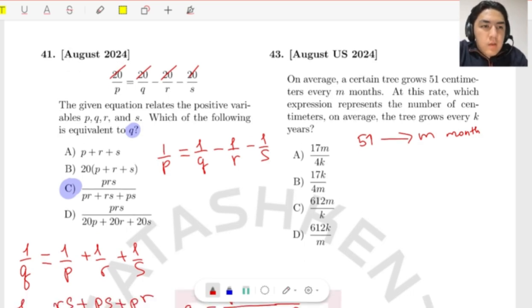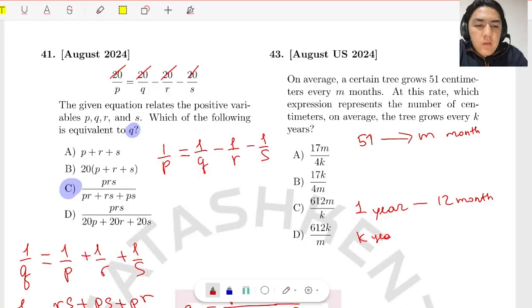Then look, I will write what? So k years is what? If 1 year is 12 months, then k years will be 12k months, right?